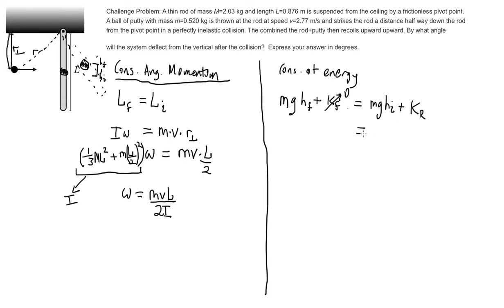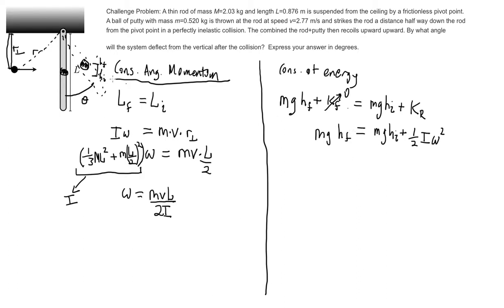So m g h final equals m g h initial plus 1/2 times the moment of inertia, which I have over here, times that initial angular speed when it starts swinging up. Given this scenario, we want to ultimately calculate what this angle is right here. That's what we're going for in this whole problem. So this gives me my full and complete setup.